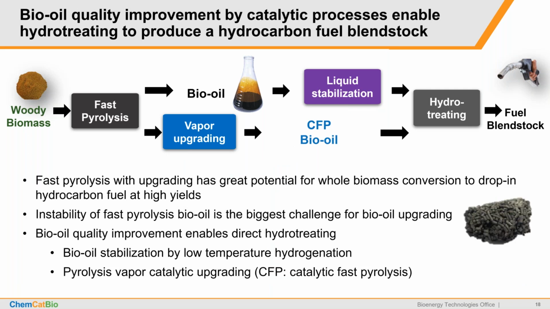So I just mentioned that after fast pyrolysis, we have the bio-oil, and this bio-oil really is of low quality. The quality is low not only because it has a lot of oxygen, a lot of water, and a low heating value, but the major problem is that the bio-oil is unstable, and it will undergo some condensation reactions to form high molecular weight species, and encapsulate your hydrotreating catalyst, and even plug the reactor if you directly feed this bio-oil into the hydrotreater.